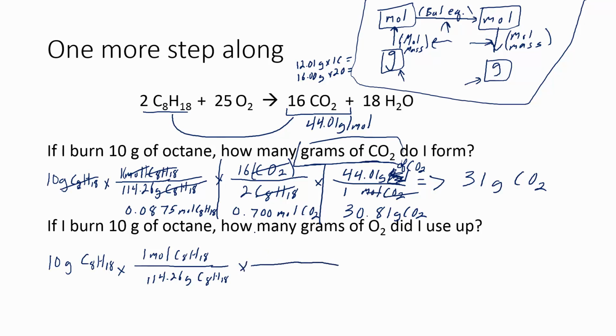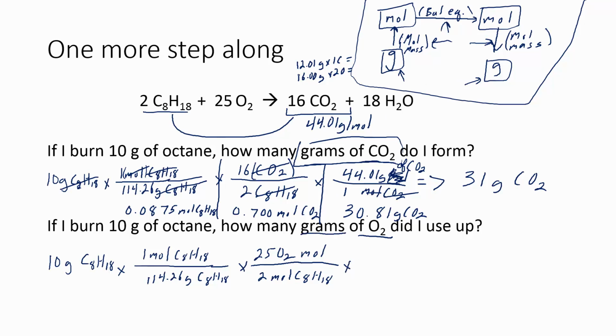Now, we're going to go from moles to moles. So 25 oxygen, because that's where we want to get to, oxygen, that many 25 oxygen moles for every 2 moles of C8H18. Okay, good. So now we're over here in moles. Now we want to go back to grams because that's what the answer is asking for.